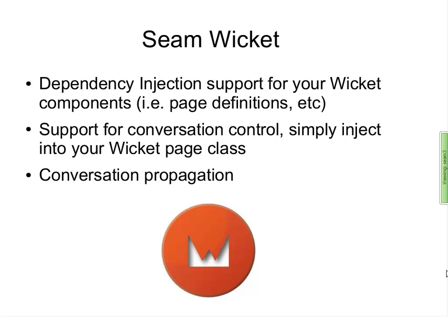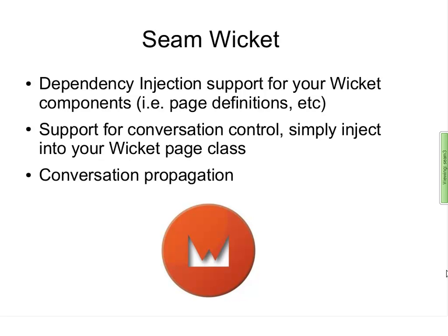Our second last module is Seam Wicket. This module has a few handy features if you're using Wicket for your view layer for your CDI-based application. First of all, it supports dependency injection directly into your Wicket components, such as your page definitions and other Wicket components.